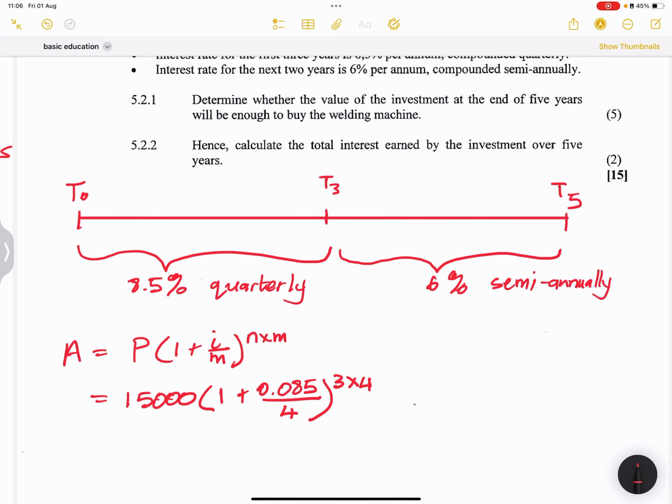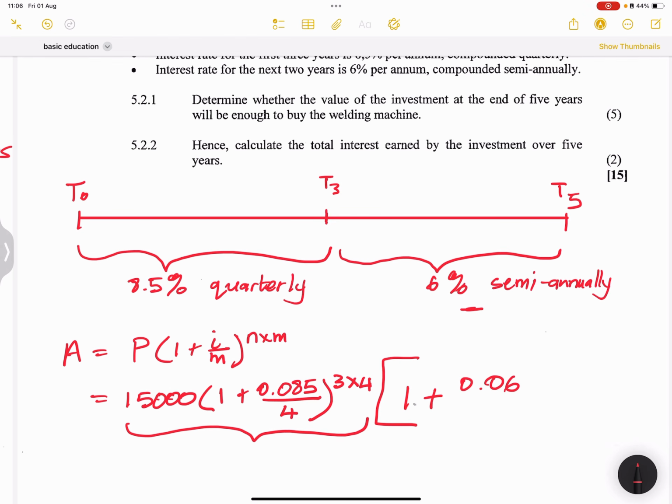But whatever we are going to accumulate here would now be the principal amount for the next investment period. So this becomes the principal amount for the next portion. That will be 1 plus 0.06.